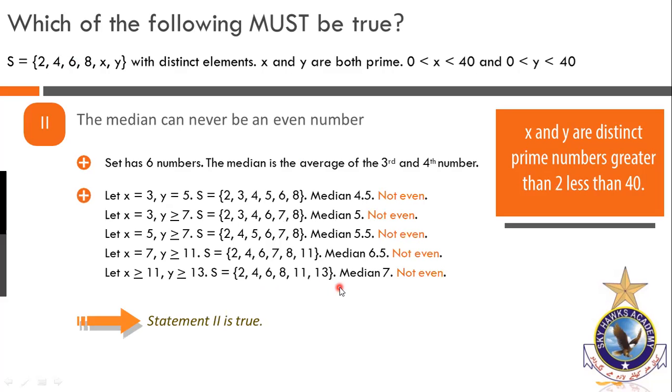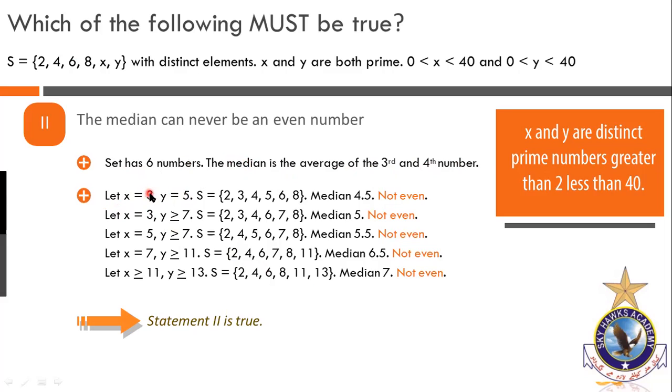This is a long list, but don't worry about all these things. The set has six numbers. The median is the average of the third and fourth numbers. We have decided this. So let x be 3 because 3 is a prime number, and y be 5.